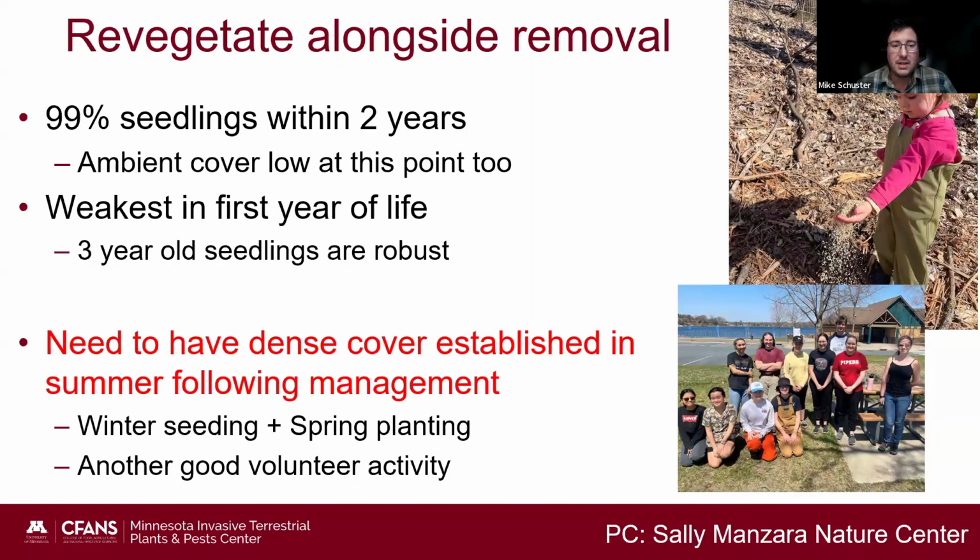And this means that we need to have dense cover established very quickly after management, ideally in the summer following management, if we're doing management in the fall, winter, or spring. And so what's worked in our experiments is doing winter seeding. So we do snow seeding with grasses and forbs, throwing that on top of snowpack.